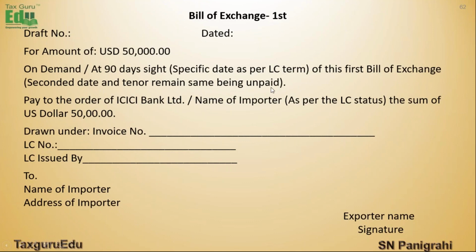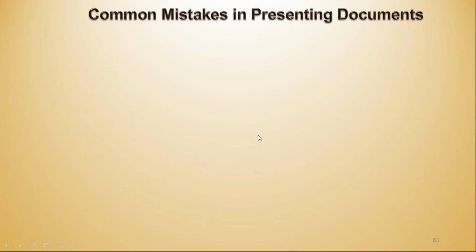Pay to the order of your bank name, name of the importer's account, this much amount. Then drawn under invoice number so and so, LC number so and so, LC issued by so and so. You write the importer's name and address, the party you are demanding payment from, and the exporter has to sign. So this is how a sample bill of exchange looks.